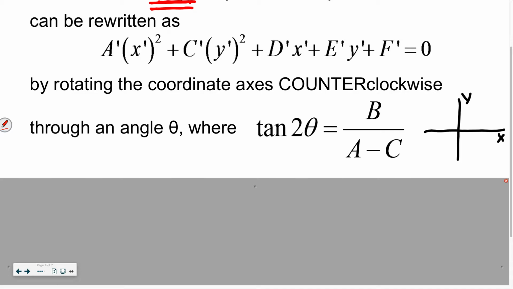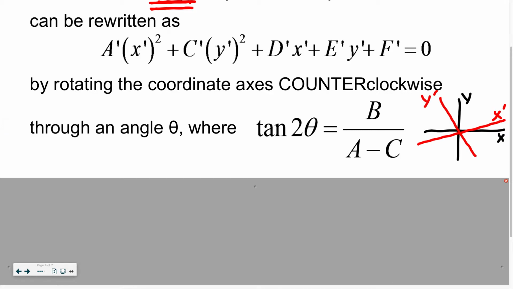Then I'm going to take my x-axis and rotate it counterclockwise 30 degrees. So I have a new x-axis that I'll label x prime. And all it means is the new axis. And then if I rotated x, I also have to rotate y. And I'll call that y prime.